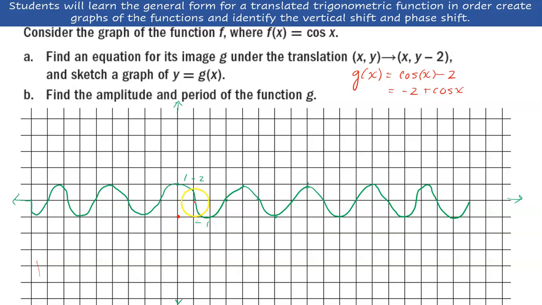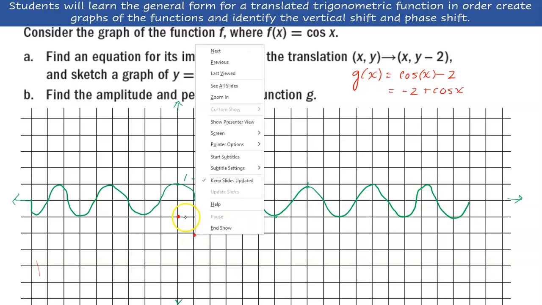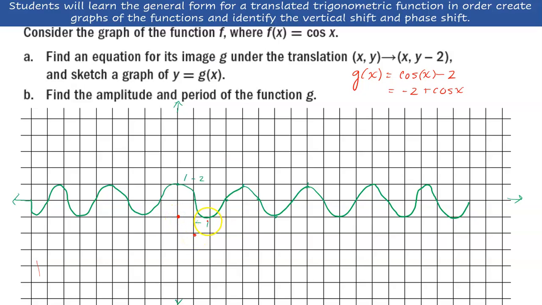Then this was 0, and 0 minus 2 is -2. And then this was -1, and -1 minus 2 is -3. So all that's happening is our graph is sliding down. I'm just going to sketch a little portion of it here.